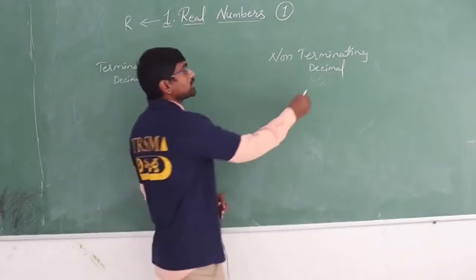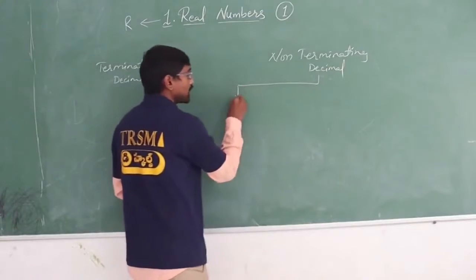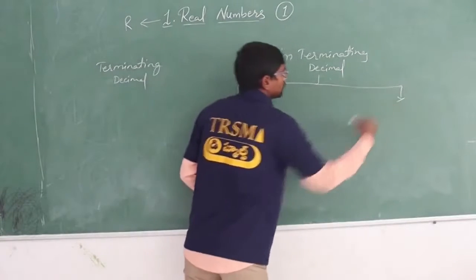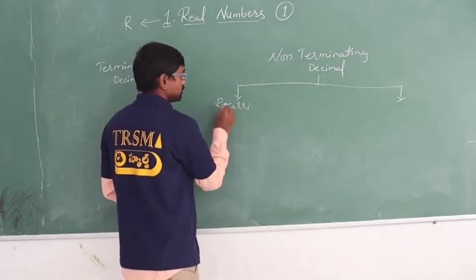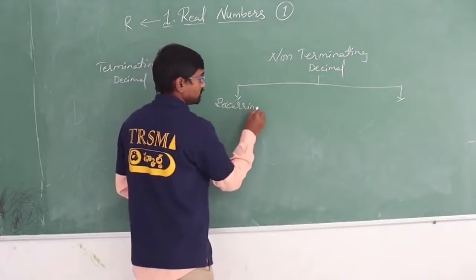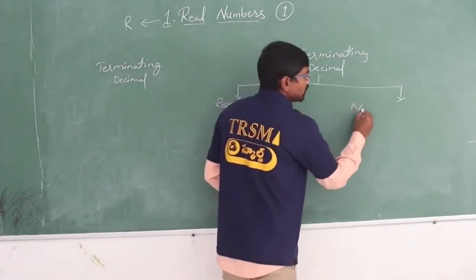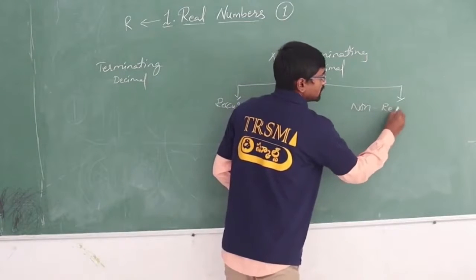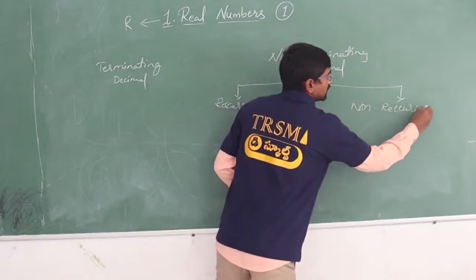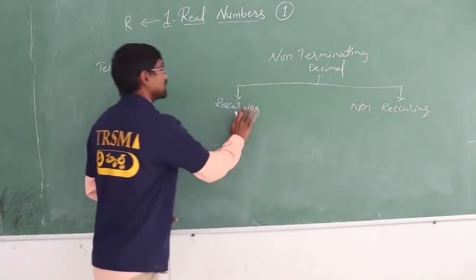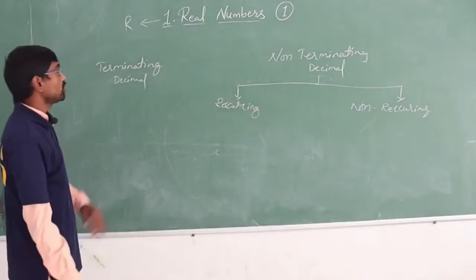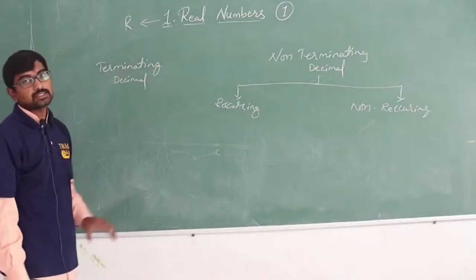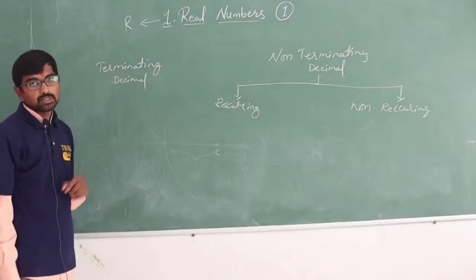Again, in non-terminating decimals I get two parts: the first one is recurring, and the second one is non-recurring. Based upon these we can state the exact definition of real numbers.